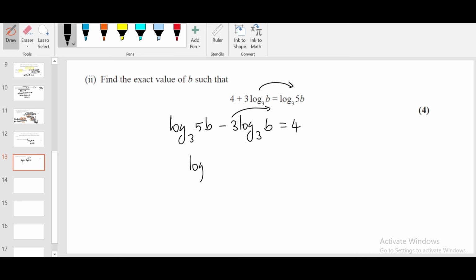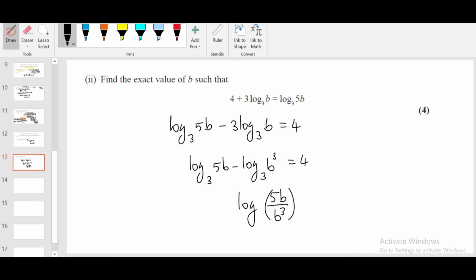So you will get log 5b minus log b cube is equal to 4. And the next step, combine the logarithms using laws of logarithm. When you have log a minus log b, you can write it as log a over b is equal to 4.